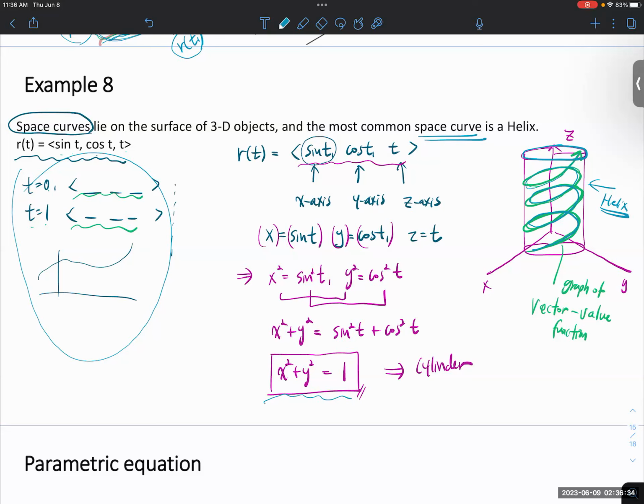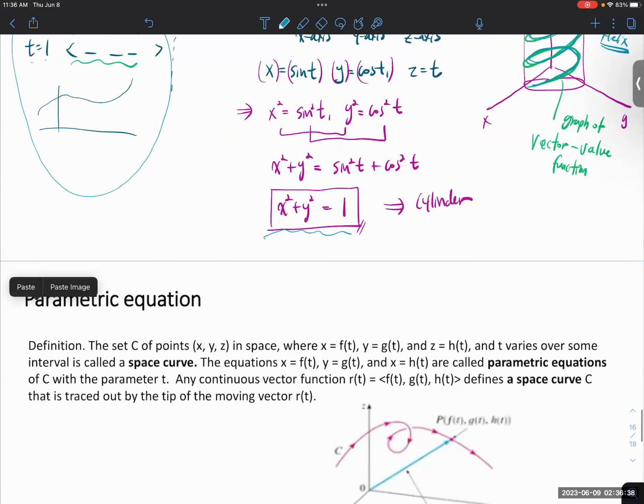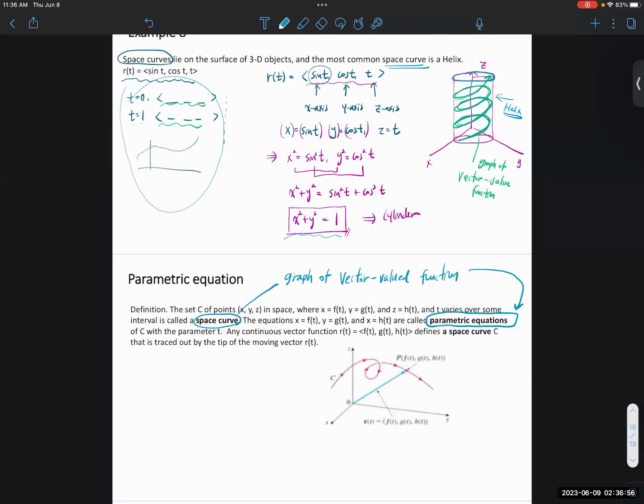Okay, so one more time. I told you this is a space curve. This is the graph of a vector valued function. And actually we call it another name, parametric equation. So that's the helix we just found out.